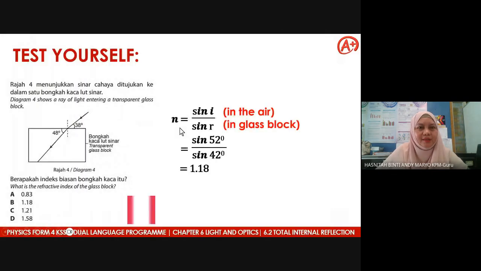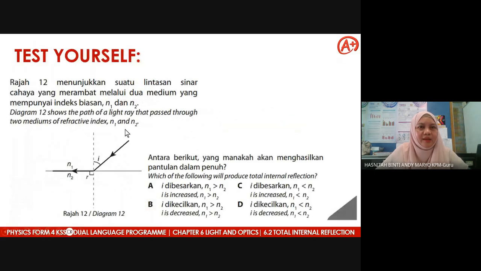Okay, next students, this is the next question. Diagram 12 shows the path of a light ray passing through two media. Given the refractive index for each is N1 for the first medium and N2 for the second medium. Now we have the incident ray here, and this is the refracted ray which is exactly at the boundary.